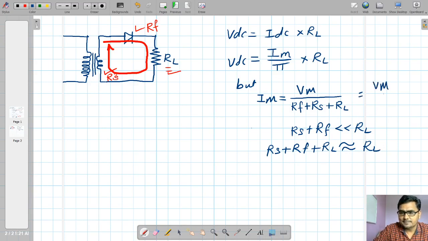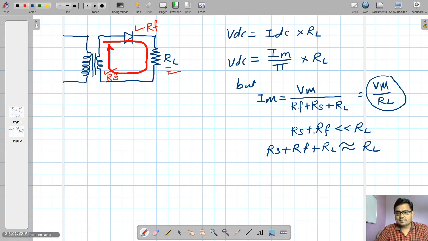So the above equation becomes Im is equal to Vm divided by RL. Can I write it like this? Vm divided by RL, because Rf plus Rs plus RL is approximately RL, since Rs and Rf are very small. This Vm divided by RL is the approximate value for Im.